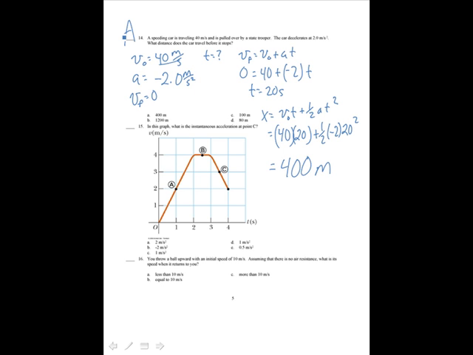Number 15, what is the instantaneous acceleration at point C? That's at this point. In order to find that, you want to find the slope right here. It's rise over run. The rise is from 2 to 4, so it's 2. The run is from 3 to 4, so it's 1 unit, or 1 second. And so it's just 2 over 1, which is equal to 2.